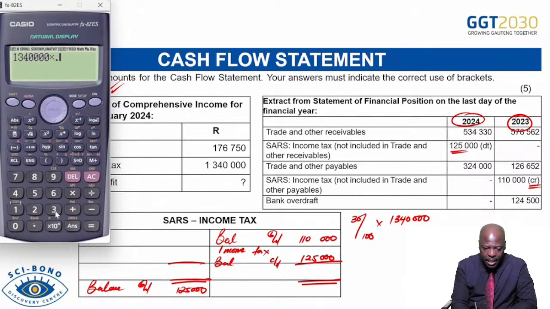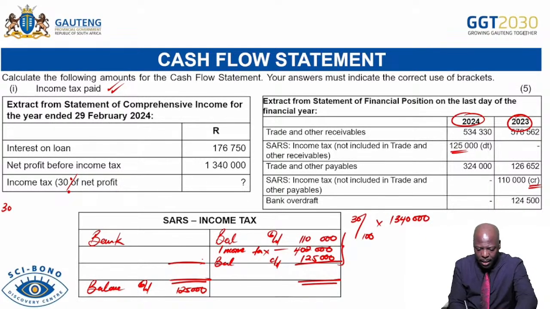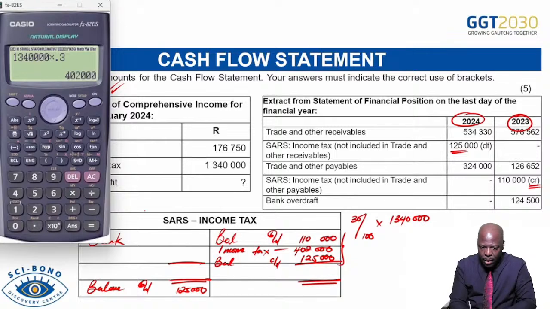Then I multiply that by 30%. That's going to give me 402,000. So my income tax is 402,000 over there.